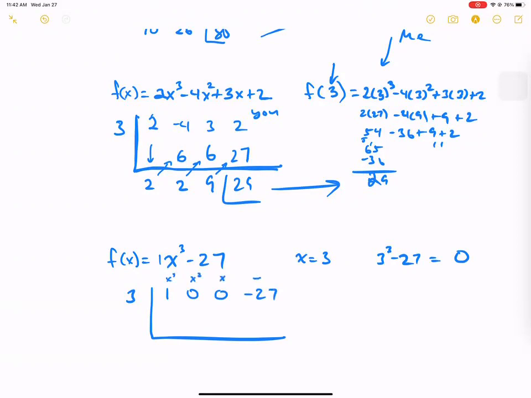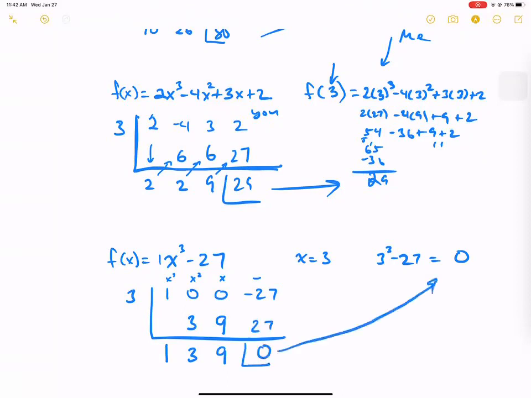So remember, if we are missing terms, we have to include a 0. Now bring it down: 1, 3, 3, 9, 9, 27.